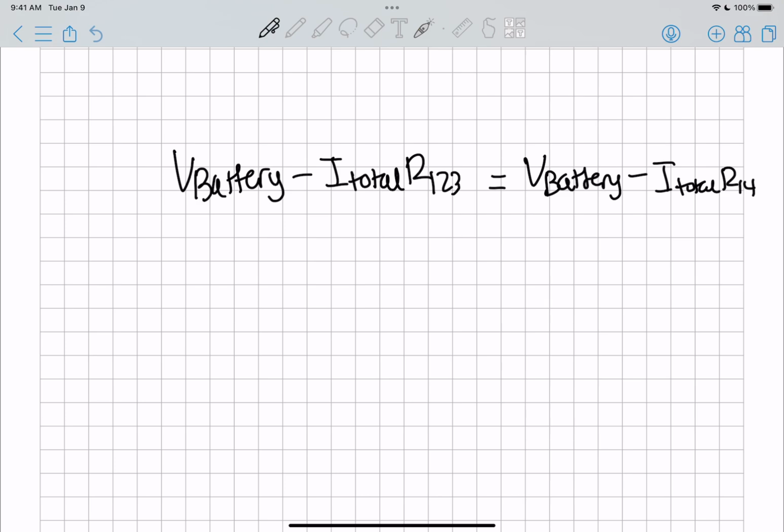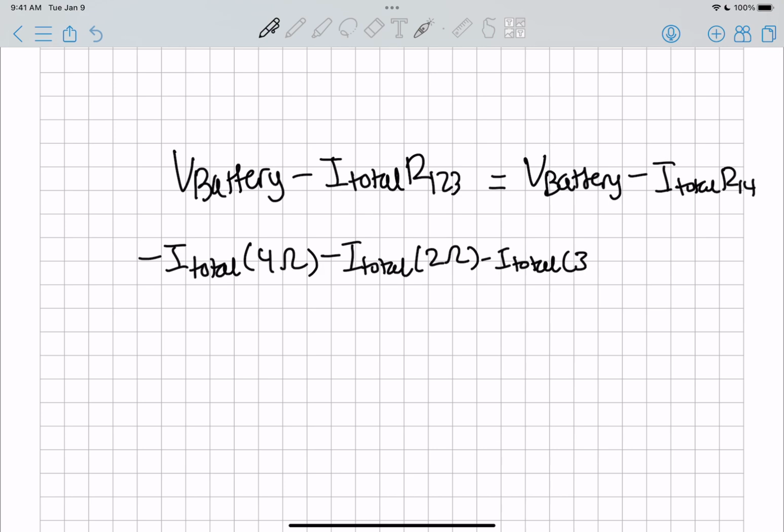Then your V batteries would cancel out, right? R123 would essentially be I total times R1, so 4 ohms, and subtract I total R2, which was 2 ohms, and minus I total 4 ohms, my bad.